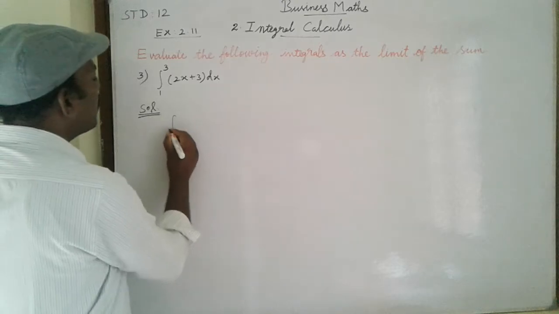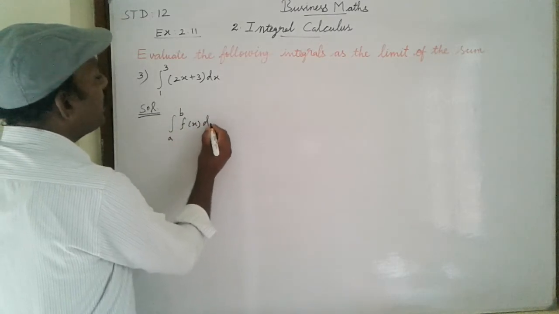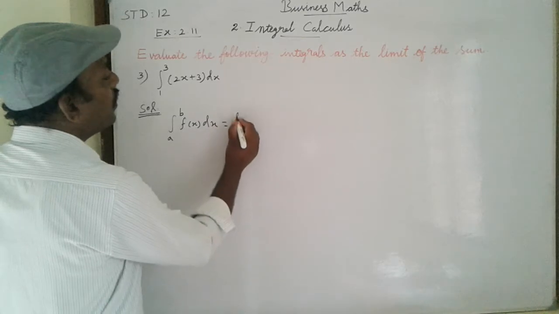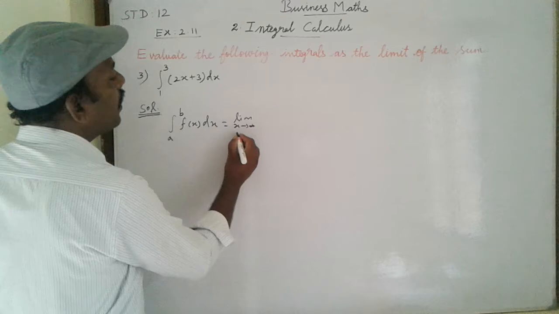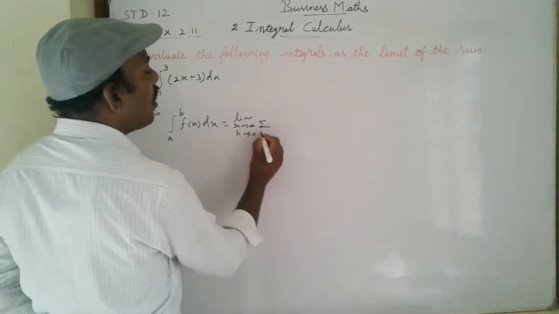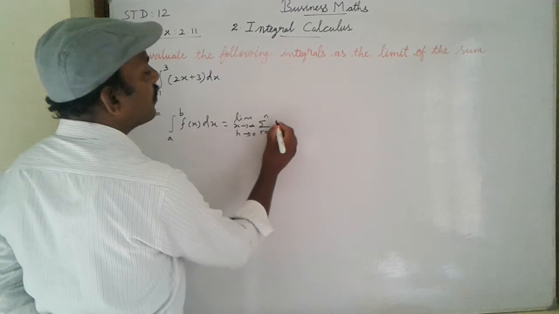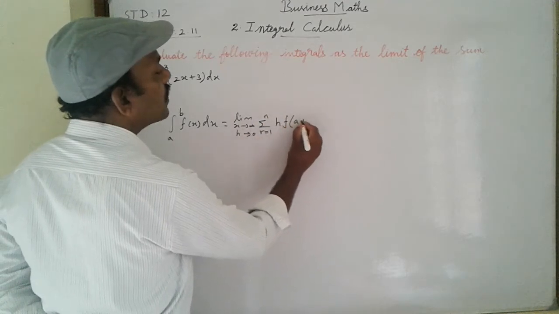We know the formula: interval a to b f of x into dx equals limit x tends to infinity, h tends to 0, sigma r equal to 1 to n, h into f of a plus r h.